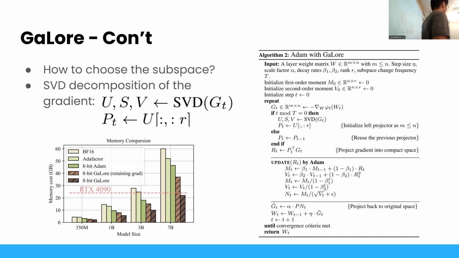The way they do this is they calculate the SVD or randomly sample. They go into the subspace, perform Adam, roll back to the original space and update the weights. And they repeat that. But you don't want to do SVD every iteration, because that's really slow. So they fix the subspace for a certain number of iterations and then go back and update.